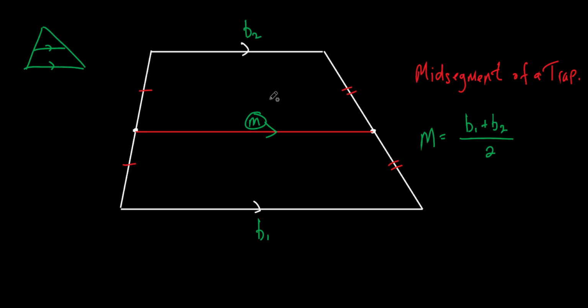If I took two things, added them up, then divided by 2, I'm finding the average of those two things. And that's what the midsegment of a trapezoid is. It's the average of the length of the two bases. So that's really important. It's very similar to what we talked about with a triangle, except there's one little extra step.